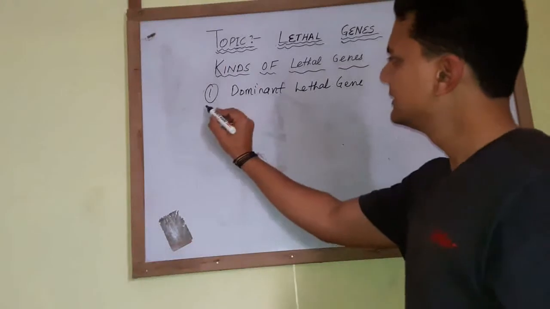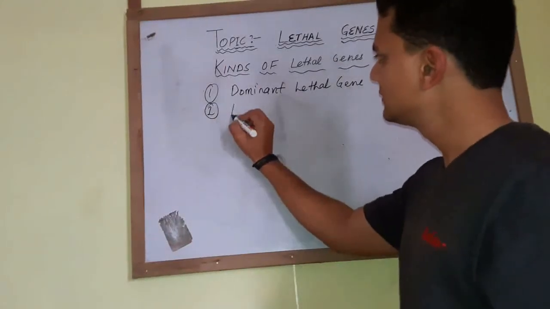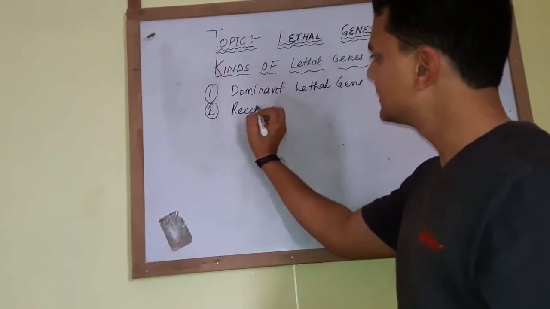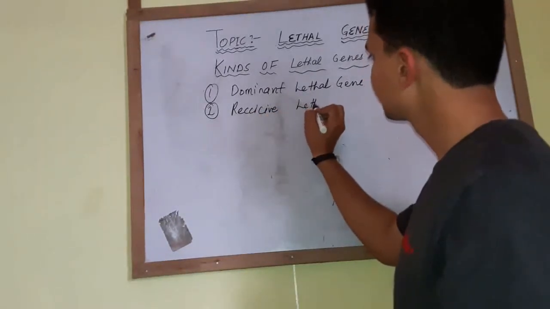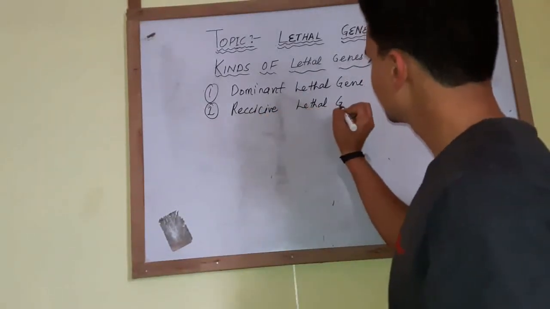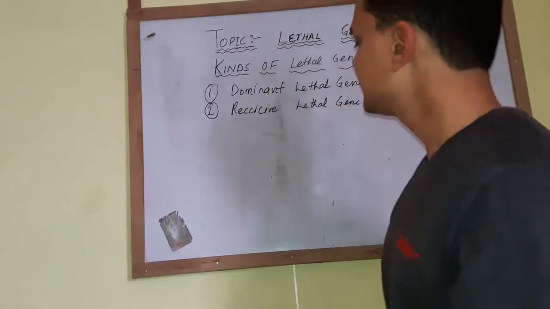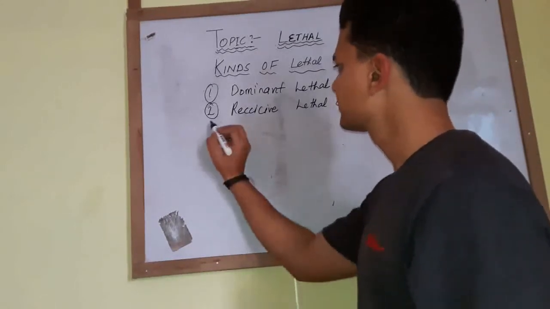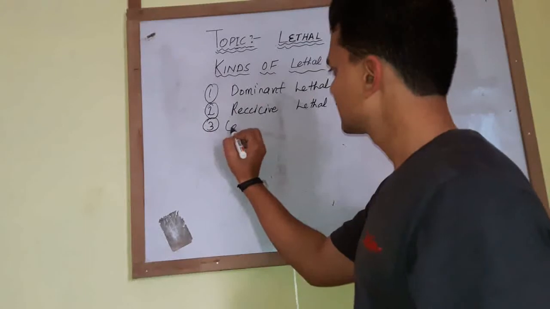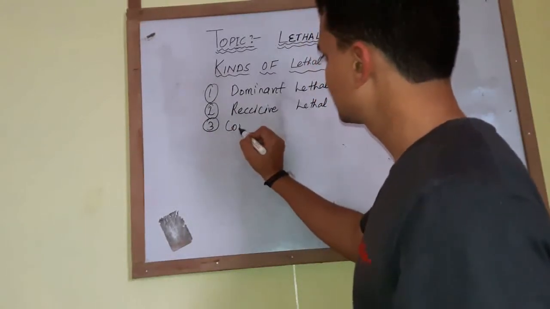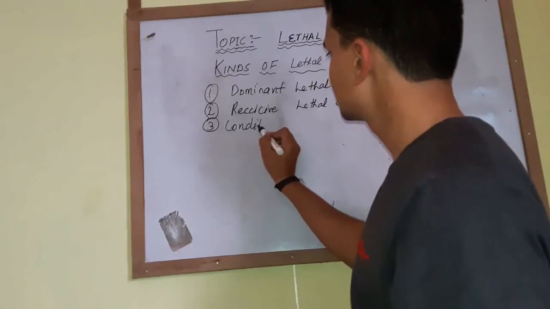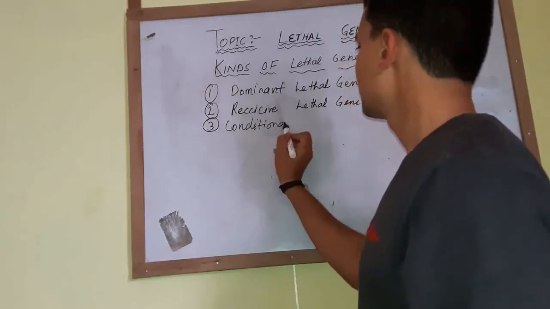The second type is the recessive lethal gene. And the third type is conditional.